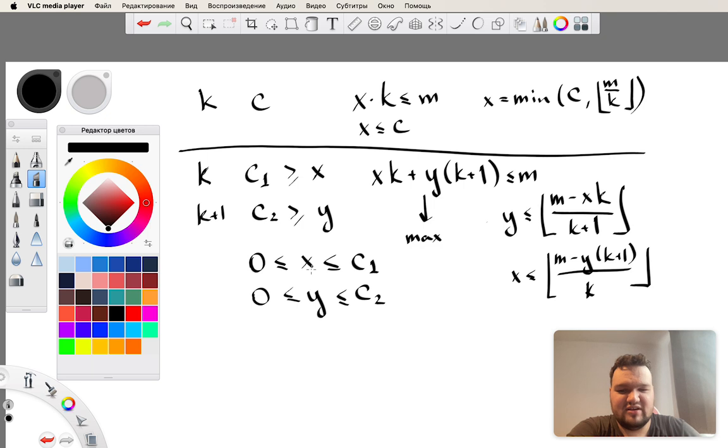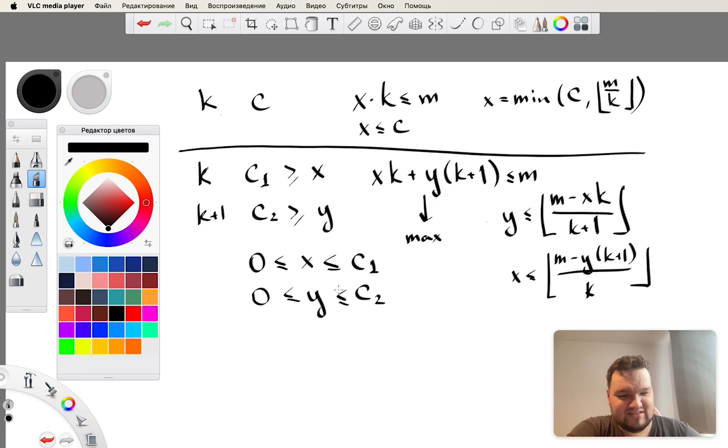So x equal to 0 or y equal to 0 we already considered here, and x equal to c1 and y equal to c2 we will just consider right now separately by hand. What happens if all those inequalities are strict?